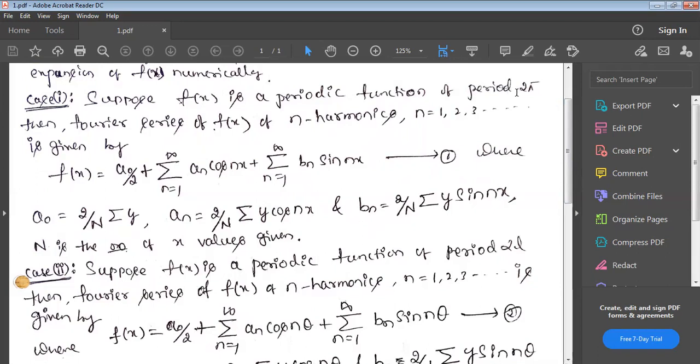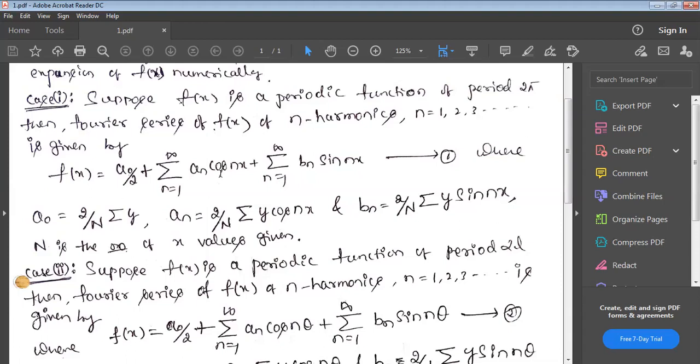The Fourier series expansion up to n number of harmonics, where n takes 1, 2, 3, etc., when the period is 2 pi, is given by the formula f of x is equal to a naught by 2 plus summation n is equal to 1 to infinity a n cos n x plus summation n is equal to 1 to infinity b n sin n x. This is the Fourier series expansion of a function f of x whose period is 2 pi, up to n number of harmonics.